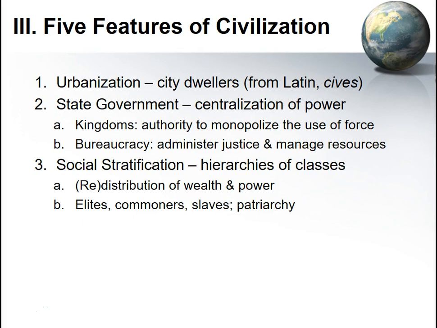Typically, we have a class of commoners, free people, but who do not have the social advantages of the elites. Slavery was practiced in many, but not all of the earliest civilizations. Typically, slaves were conquered enemies, soldiers that were fighting against them and then defeated.